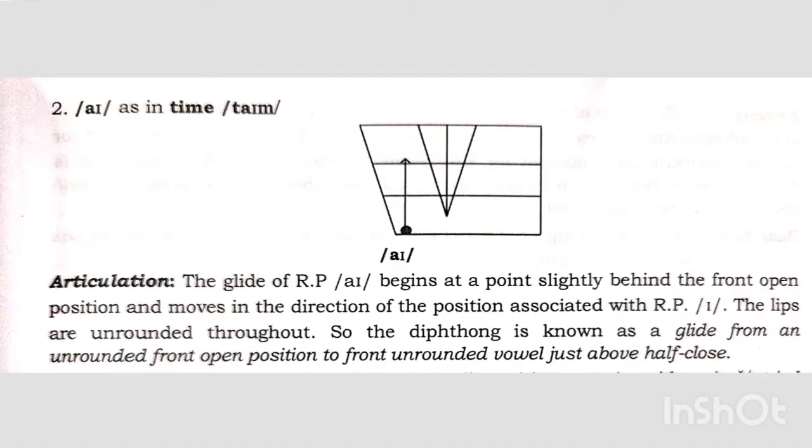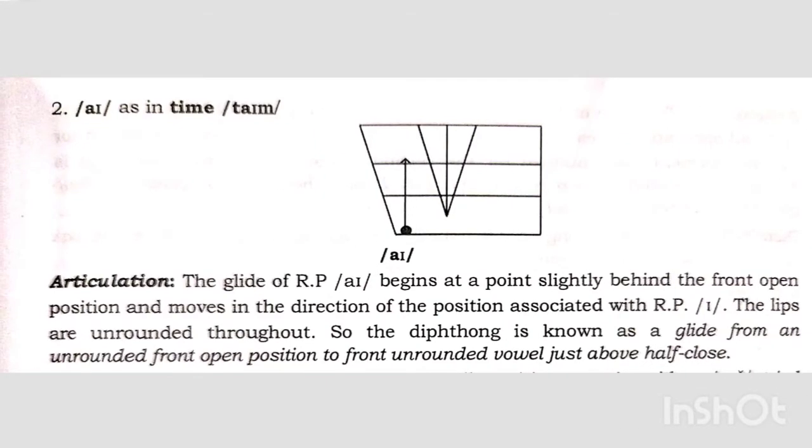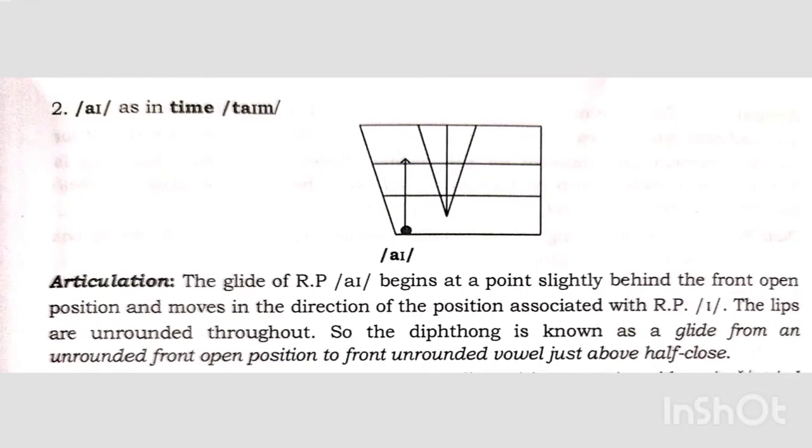See, it is unrounded. So the diphthong is known as a glide from an unrounded front open position to a front unrounded vowel just above half close, above half close here. Okay, fine. That is with articulation.